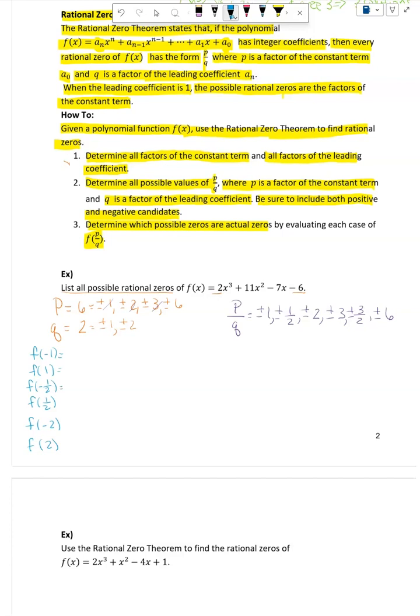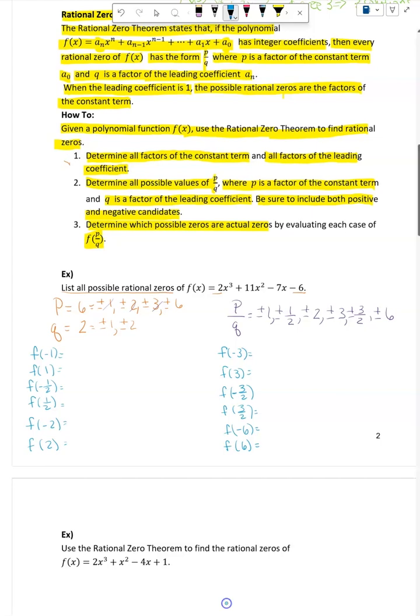We're going to see what all of these equal. Then f of negative 3, f of 3, f of negative 3/2, f of 3/2, f of negative 6, and f of 6. You could plug all these in and do them by hand, or you could do it by calculator.